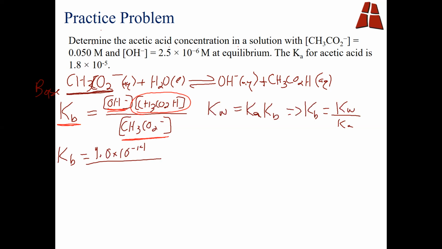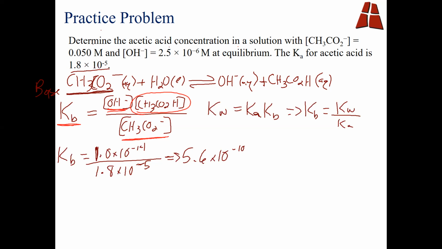Kw is a value that you should know and have memorized. So 1.0 times 10 to the minus 14th divided by our Ka, which is what is given in our problem. So our 1.8 times 10 to the minus 5. And when I plug that into a calculator, I got a value of 5.6 times 10 to the minus 10th for Kb.